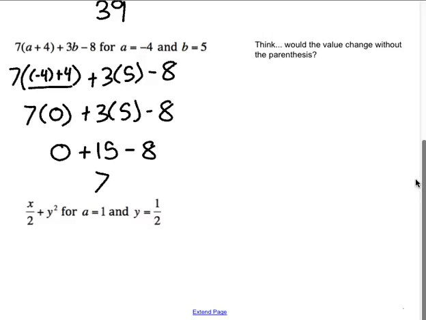And just a little critical thinking question for you: looking at this, does removing the parentheses change the value of this thing? So what it's asking is, what if it said this? They want to know if that would change the value of this thing. And I definitely think that it would, because watch what happens now without those parentheses.